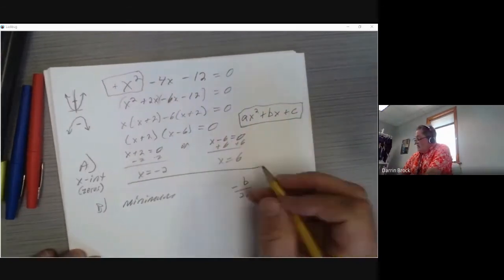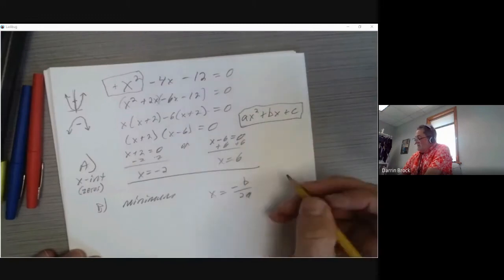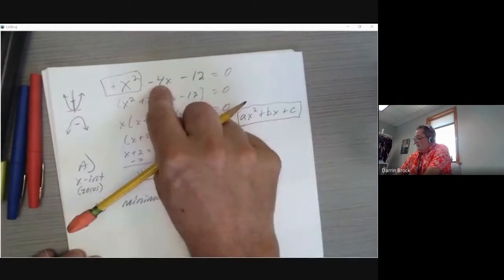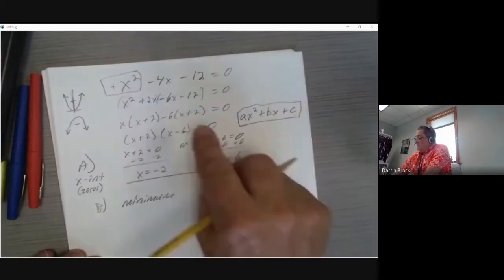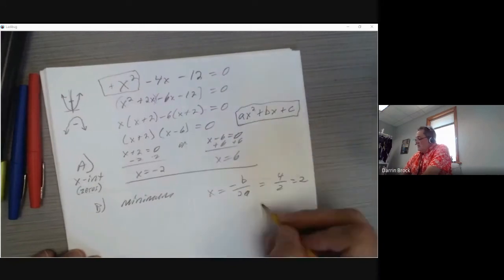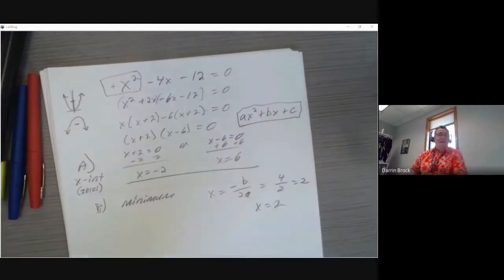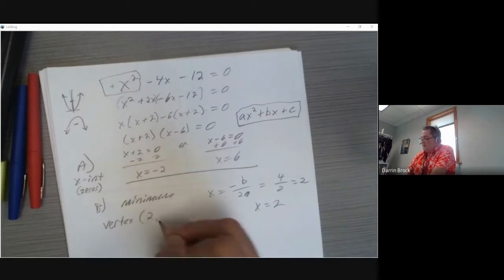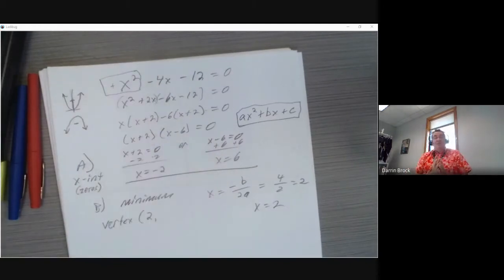So our axis of symmetry is x equals negative 4 is going to be a positive 4 over 2 times 1 is just 2. So x equals 2 is our line of symmetry. That's the line of symmetry, which also means the vertex, the lowest point, goes to where the x is 2, because that is that line of symmetry.